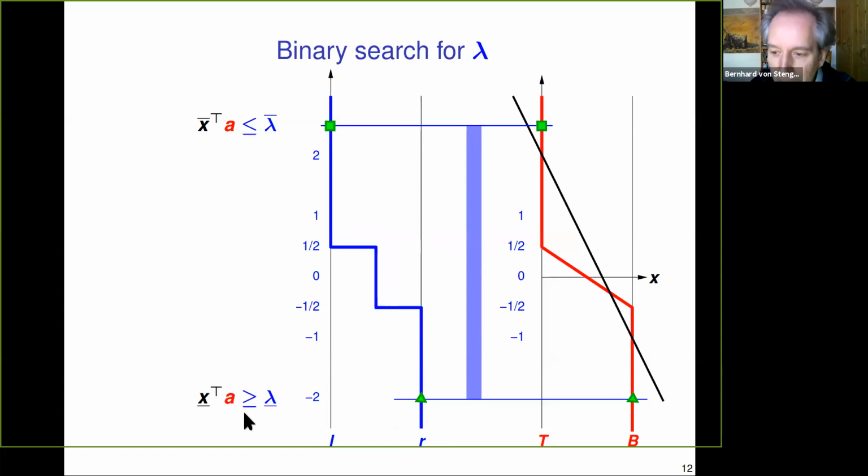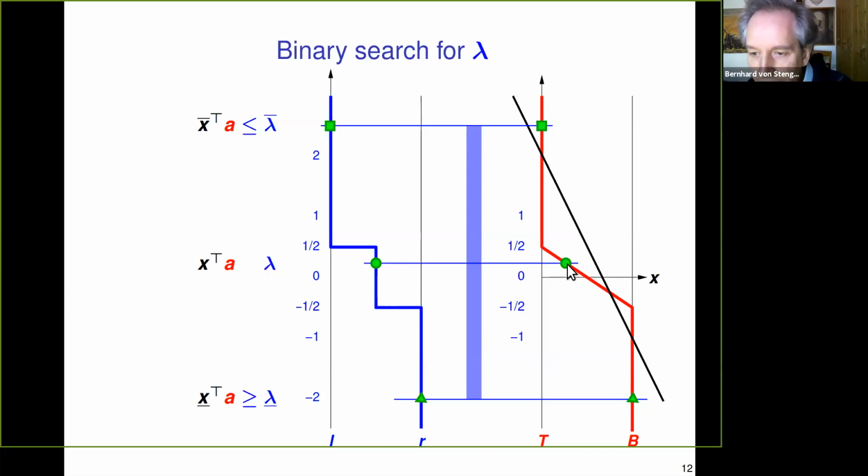And I have some equilibrium here. I know there's an equilibrium which has the value greater than lambda lower bar, so x lower bar is one equilibrium strategy that is greater than lambda lower bar, and this is less than that. This is an invariant I maintain. And now, as in any binary search, I look at the middle value of the two, which is simply this. Okay?